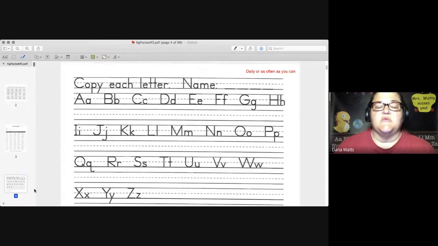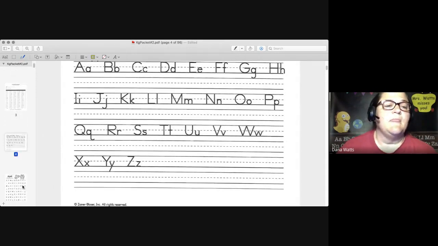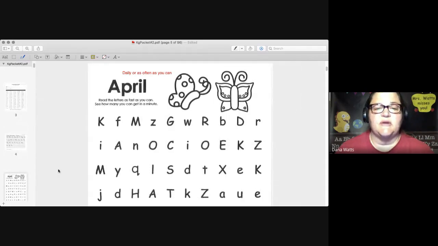Then you've got a page where they can practice writing their letters. You can put this in a sheet protector or under a piece of plastic. You can write on this page. You can write on another page. It's just there if you want to look at to make sure that letters are being formed correctly. And then here's your Dibbles practice page for April. And remember, it's how many letters you can say in a minute.